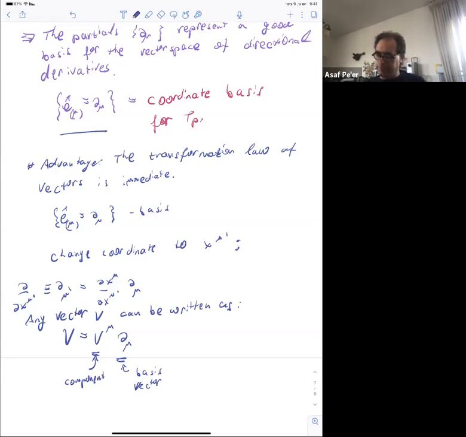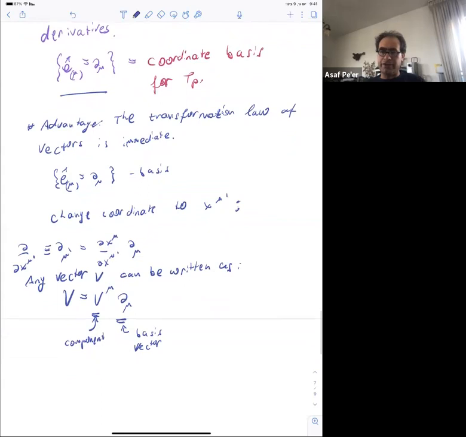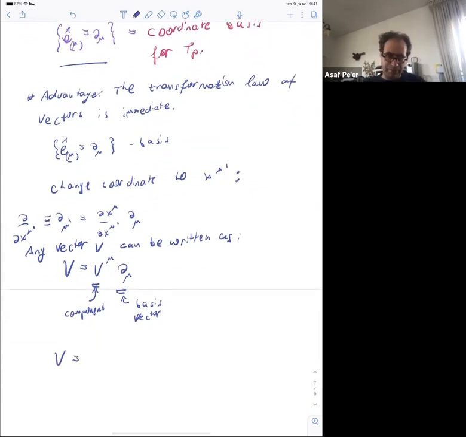Since the vector is unchanged by a change of basis, we write down v^μ ∂_μ is just v^μ' ∂_μ'. Now we know how the basis vectors transform.